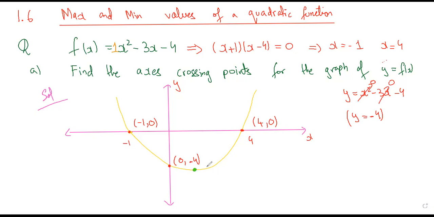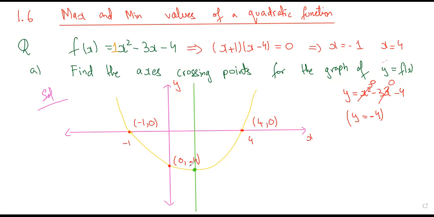Now a parabola is supposed to be a symmetric curve. Symmetric means that on the left side and on the right side it would be equally distributed. So I will make a line here. I need to find the coordinates of the green point because the next part of the question is to find the coordinates of the vertex. Now this green line is the line of symmetry.